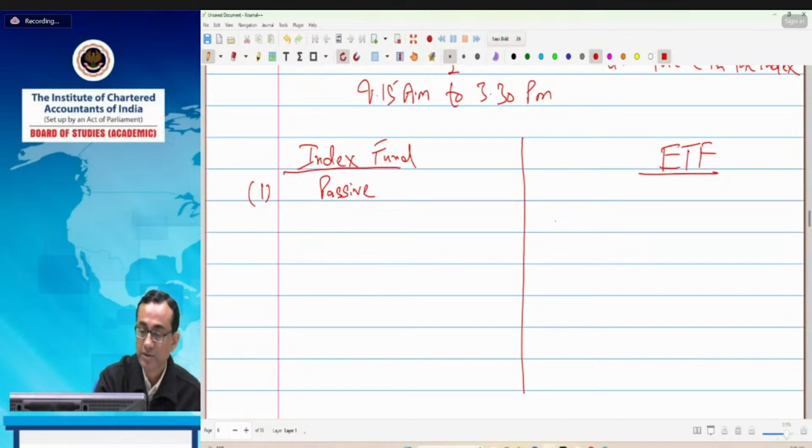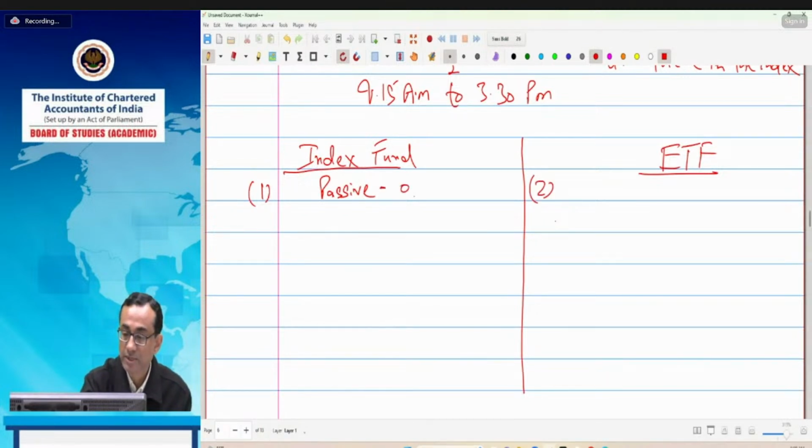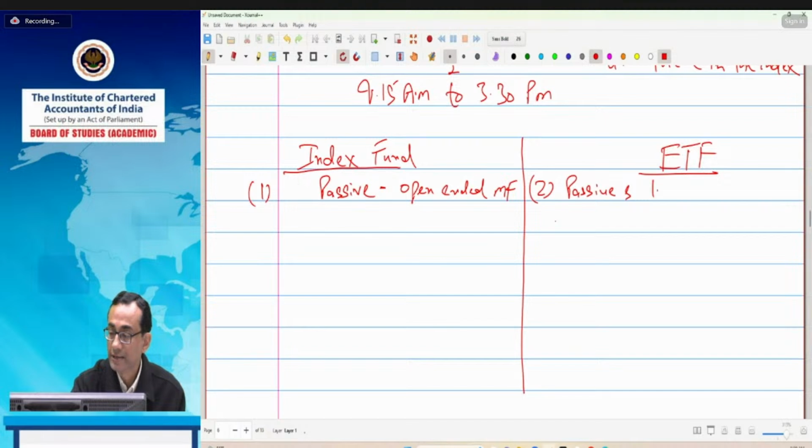Why passive? Because the mutual fund investor does not have to actively participate in it. It simply invests in those shares which are there in the index, for example Nifty 50. An ETF is also passive. An index fund is a passive, open-ended mutual fund, and an ETF is passive and listed on the stock exchange. An index fund is not listed because it is an open-ended fund.